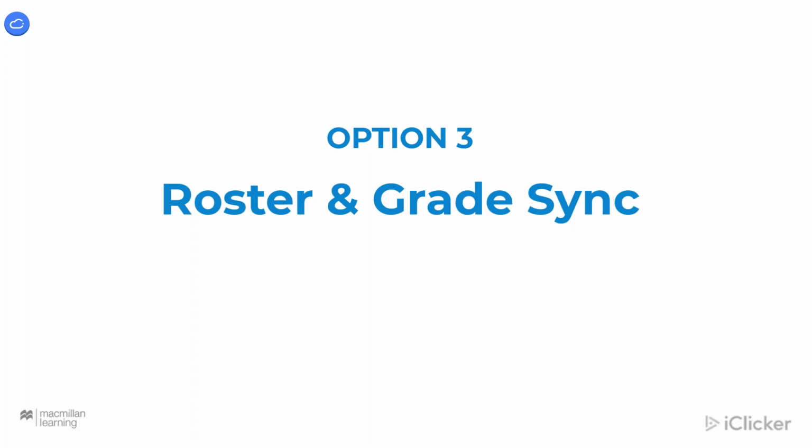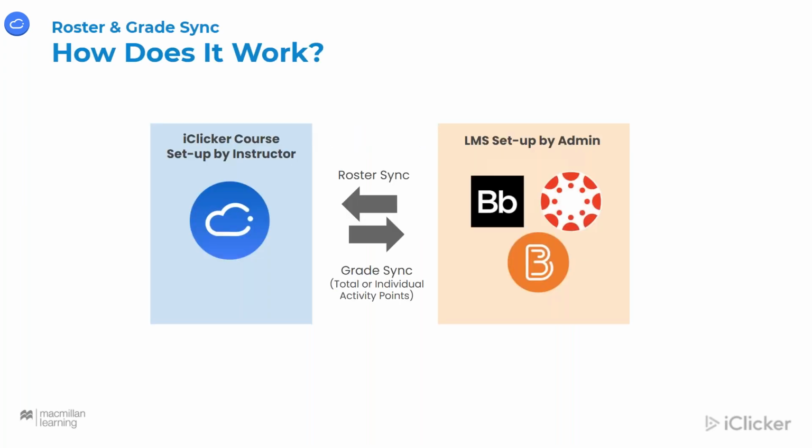This brings us to our newest integration option, which is the roster and grade sync, or RGS option. As I mentioned before, I'm going to be fully demonstrating this integration right at the end of this presentation, but I did want to at least show a high-level overview, which compares it with the LTI option.